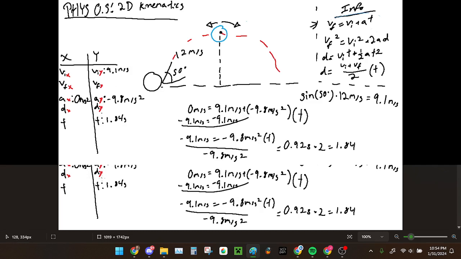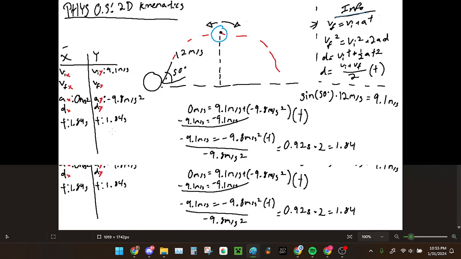Before I move on to the next step, which would be the x, notice how I didn't put the y or x on time. That is because time is the only constant that can travel between the x and y. Time is independent from these other variables. In fact, these other variables are dependent on the time. So the full time for the x would also be 1.84 seconds.